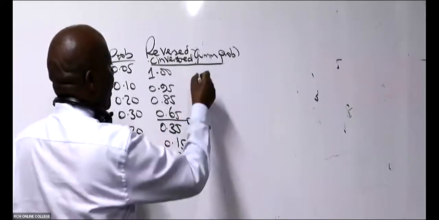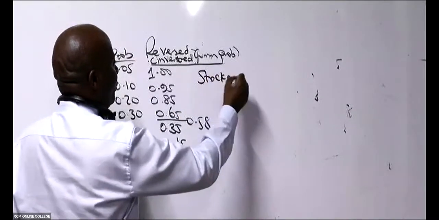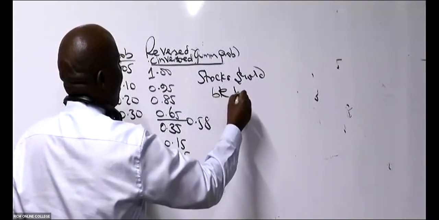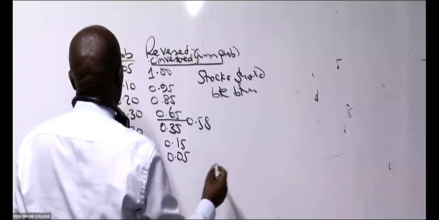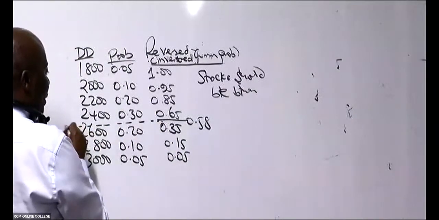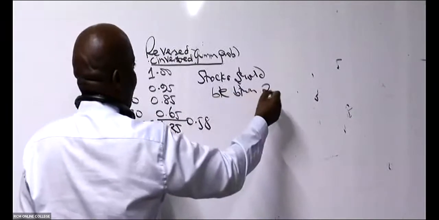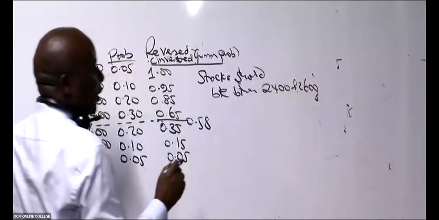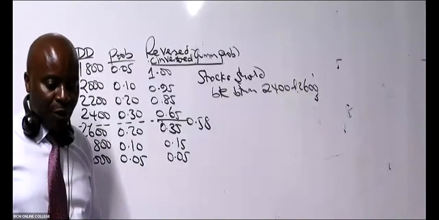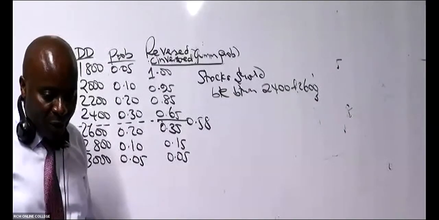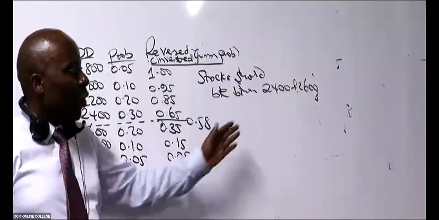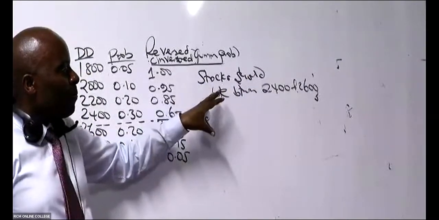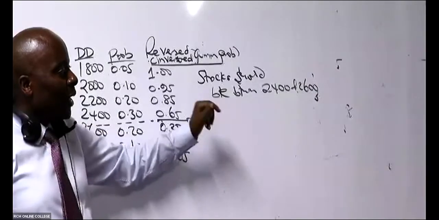In this case here, the stocks should be between 2400 and 2600. If they want us to use discrete distribution, then we use the lower number, 2400. But if they want continuous, then we go ahead and interpolate.